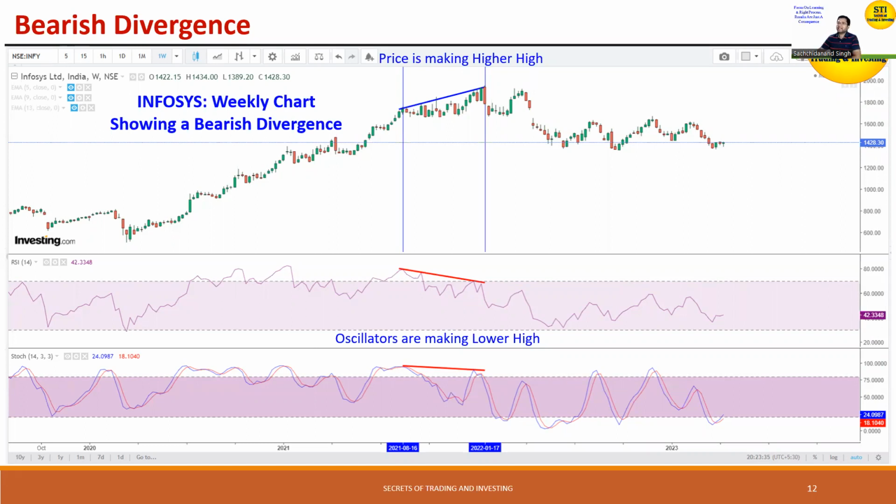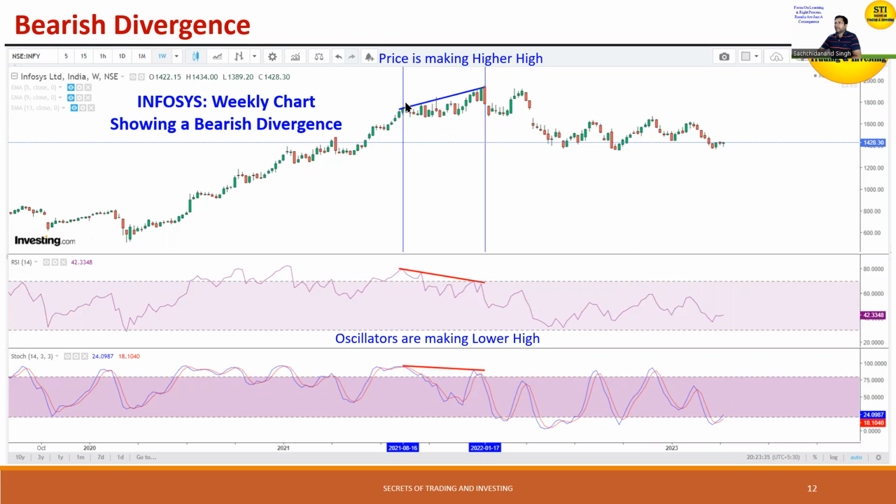If you look at this example, this is the Infosys weekly chart, and it is not a very old example. It is from January 2022, last year. This stock made the all-time high, somewhere around more than 1800 or 1850.